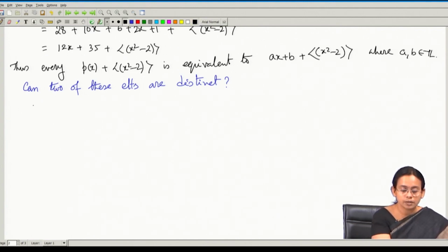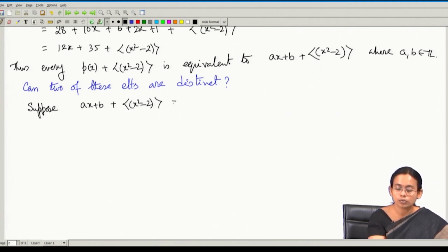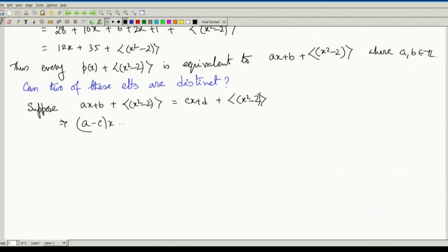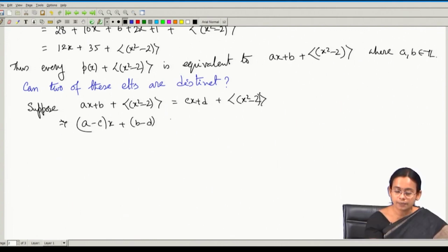Suppose they are not distinct, that means I am assuming that the coset a x plus b is the same as the coset c x plus d. If that is the case, then I can rewrite it as a minus c times x plus b minus d, and this element belongs to the ideal generated by x square minus 2.